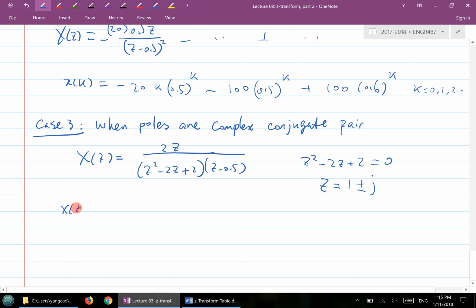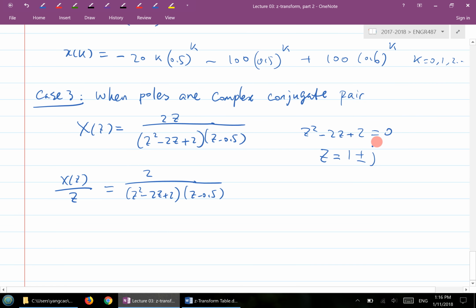You don't need to do any simplification here. You do the division first, and then apply partial fraction expansion on the rest of the expression.